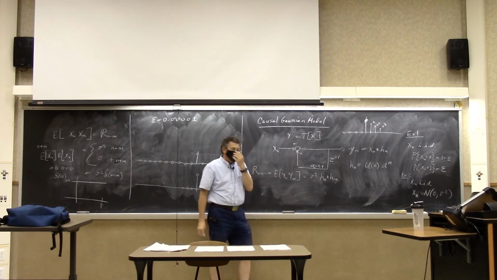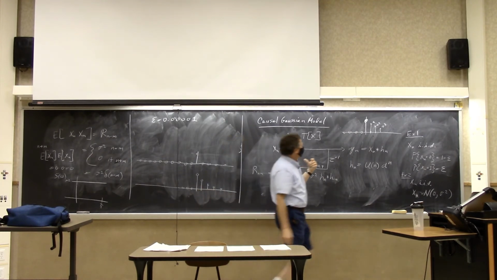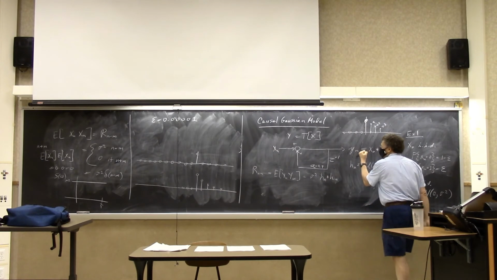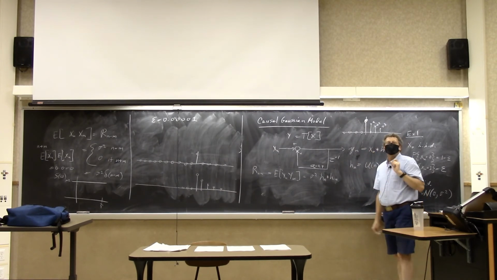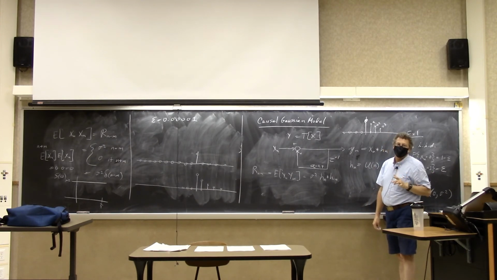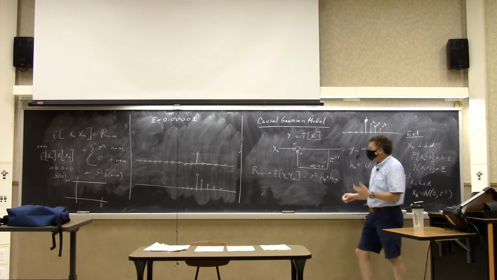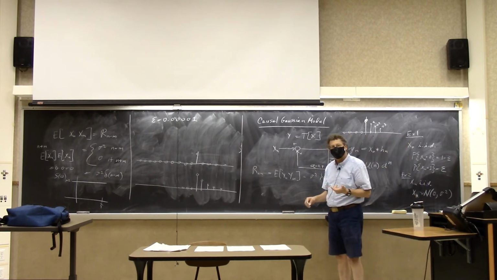So, okay, here's the upshot. The output of this random process is stationary. Furthermore, it's reversible. Every stationary Gaussian random process is reversible. Why? Because if I take a Gaussian random process and I reverse it, its autocorrelation remains the same.